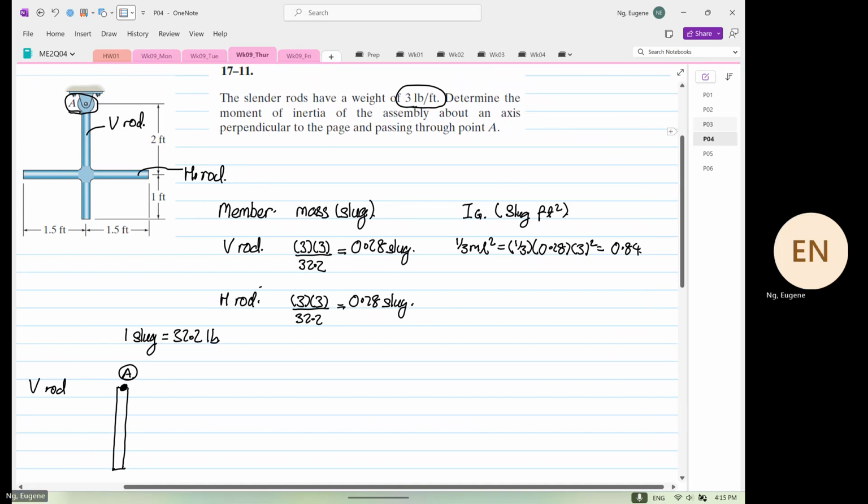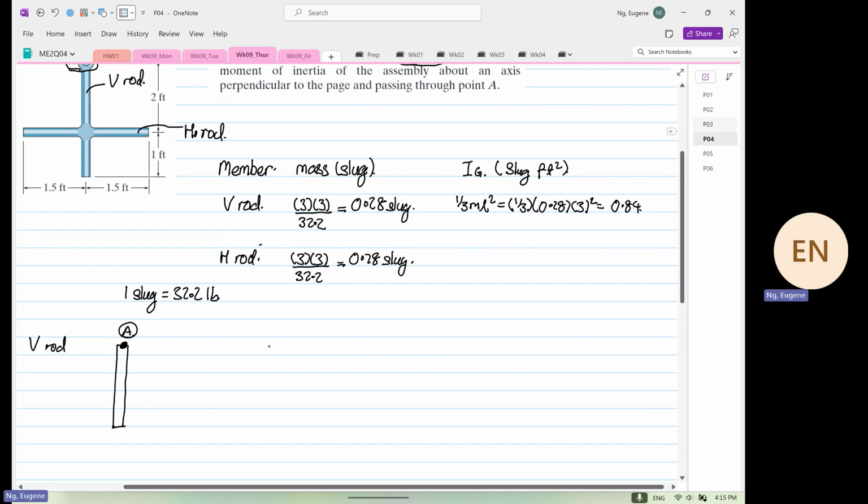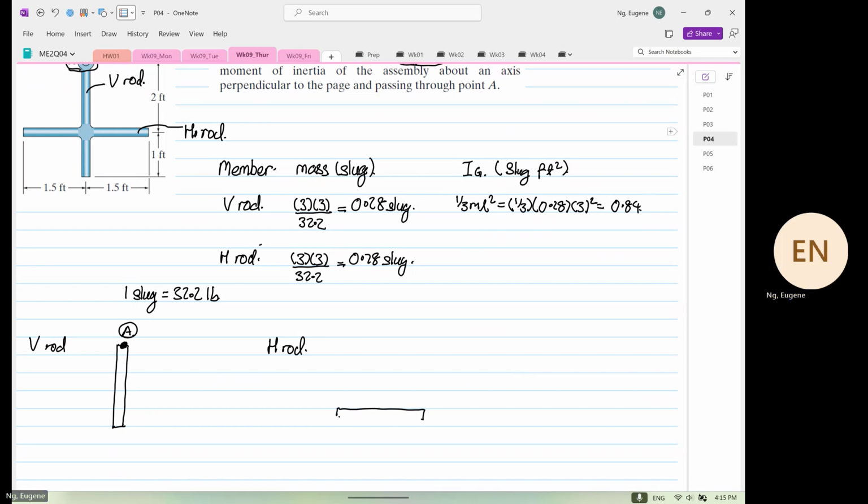If you look at the horizontal rod, it is over here, and the point of interest is A, which is this axis over here. But we know the distance from here to here is 2 feet, yes or no?